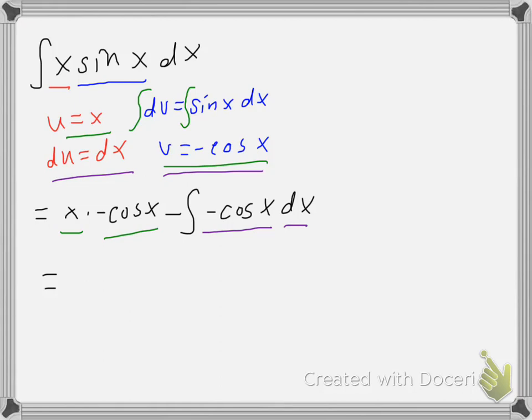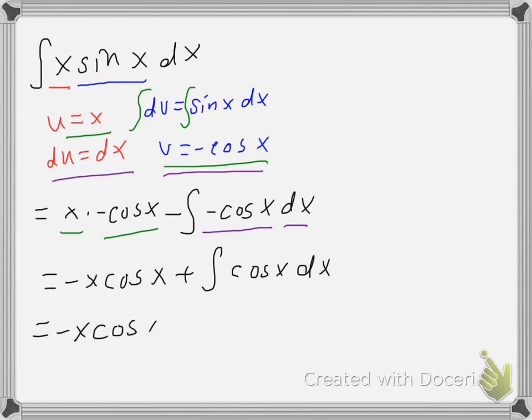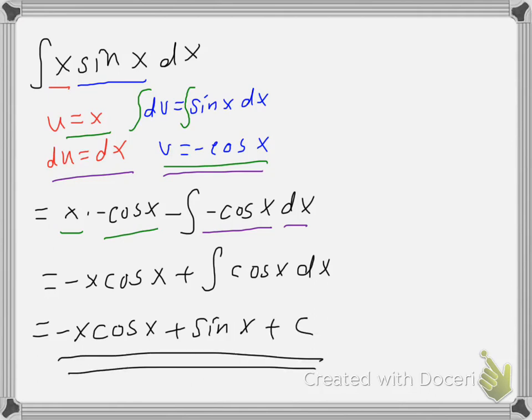Of course, this simply becomes negative x cosine of x plus the integral of cosine of x dx. Now, of course, the antiderivative of cosine is simply sine. So my final answer is going to be negative x cosine of x plus the sine of x plus my arbitrary constant of c.